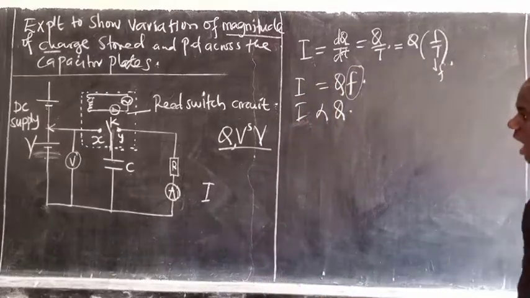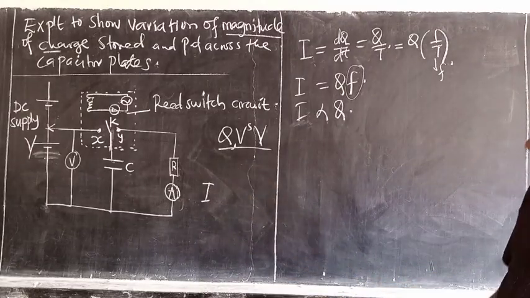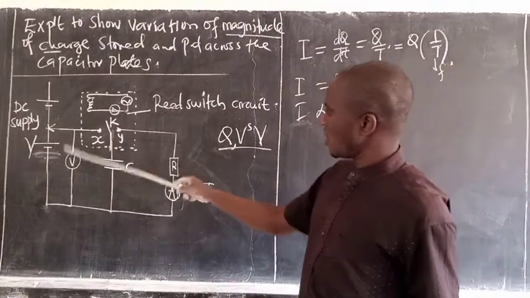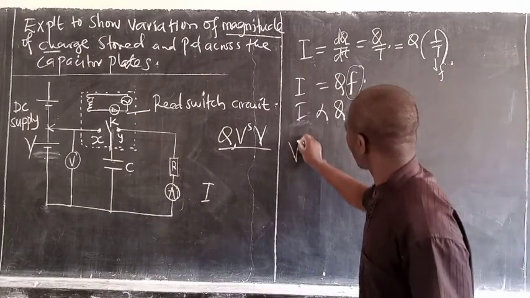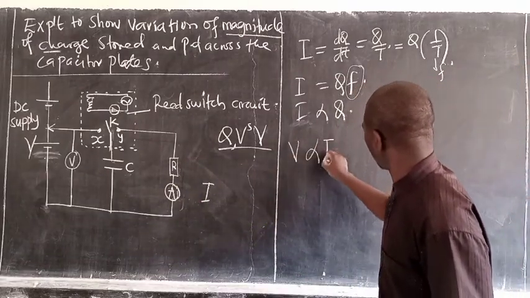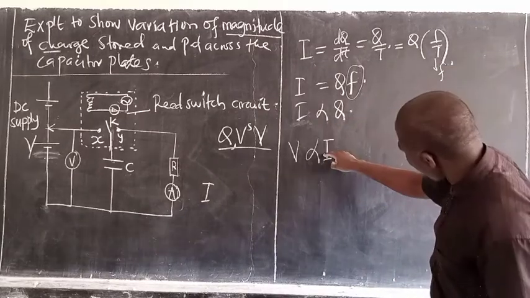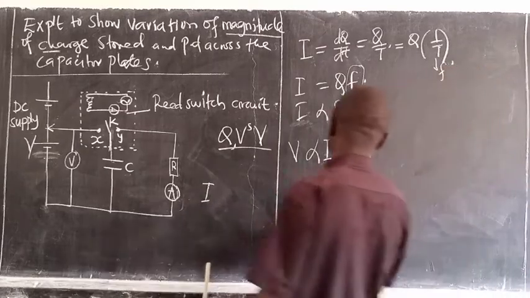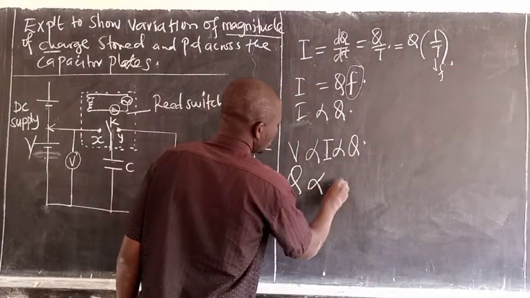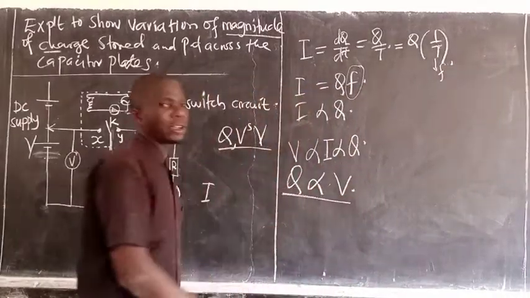Okay? Now, what has happened? We have found out that when you increase the potential difference, the I increases, meaning that the potential difference is proportional to I. But I is proportional to Q. In other words, Q is proportional to V. That's the relationship we are looking for.